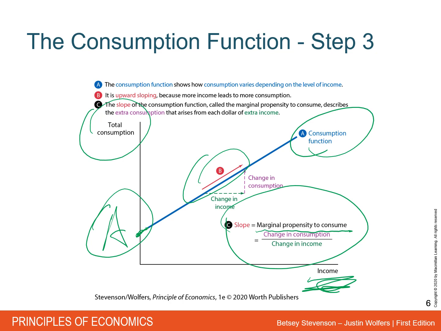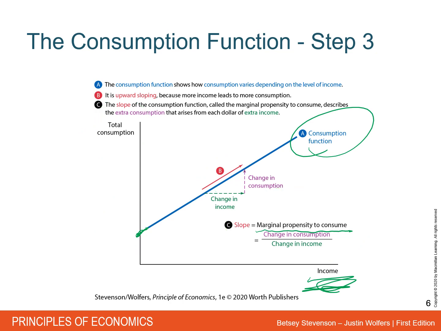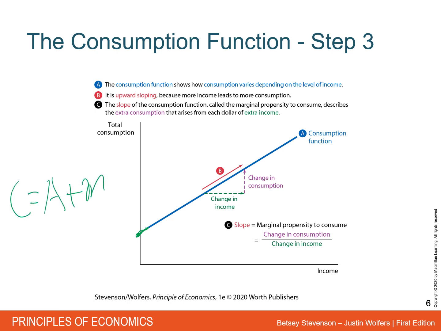That's your consumption function. You're going to see some questions like this on your quiz, so just plug in the formula. Again, your consumption equals your autonomous consumption plus MPC times your income.